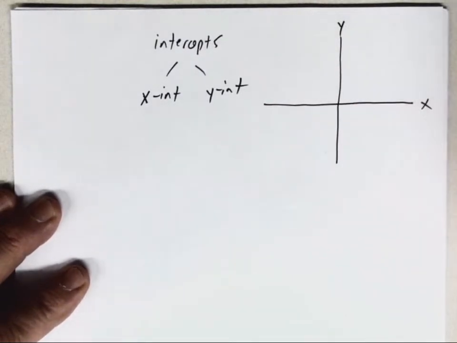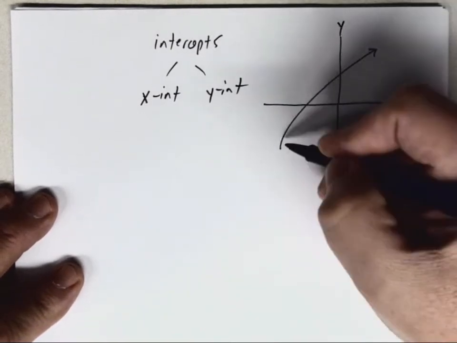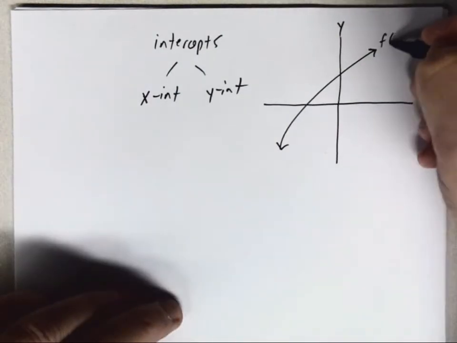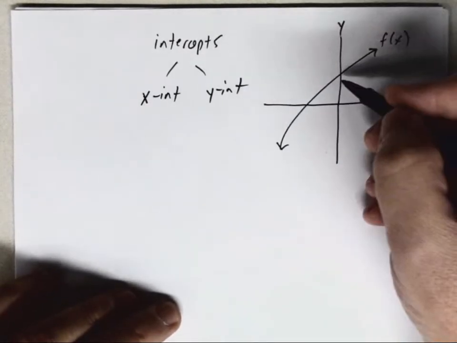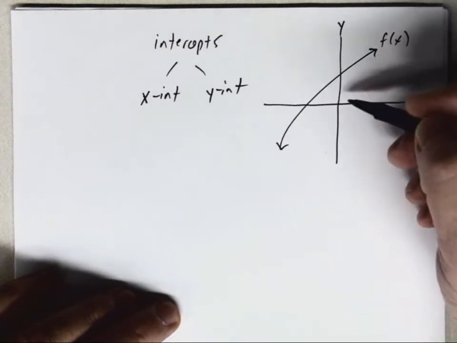Say I have a function, just sort of a random graph here. You can think of this as some function. The intercepts are where the graph crosses either the x or y axis.